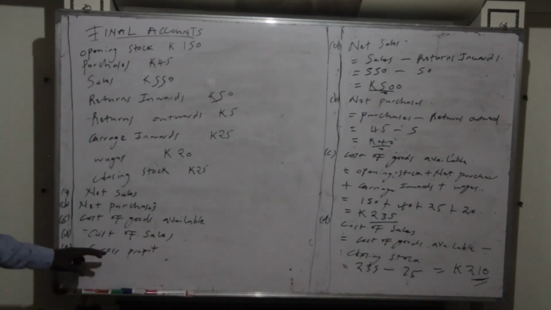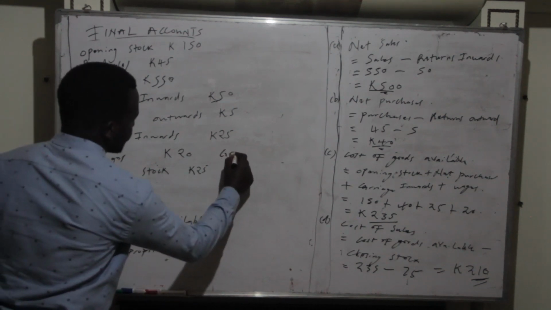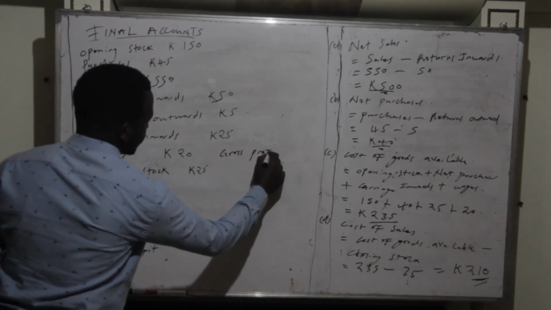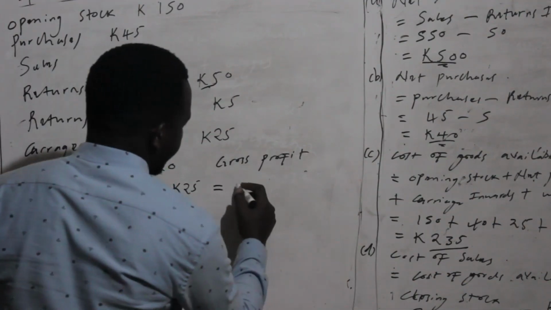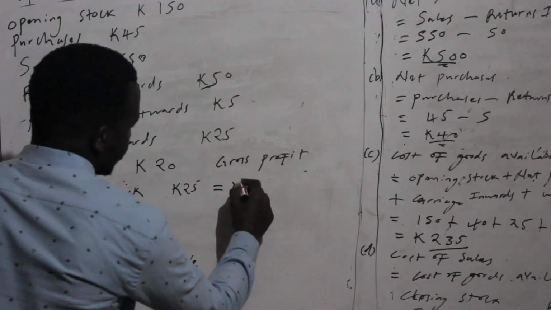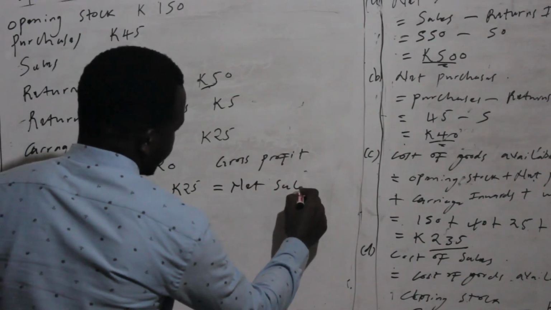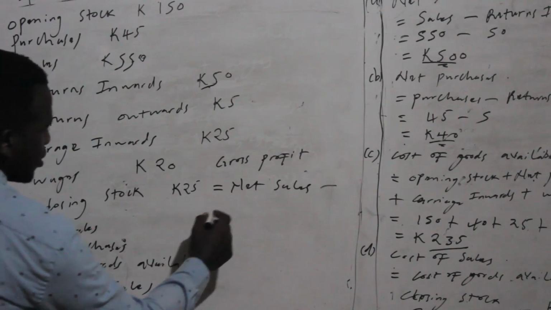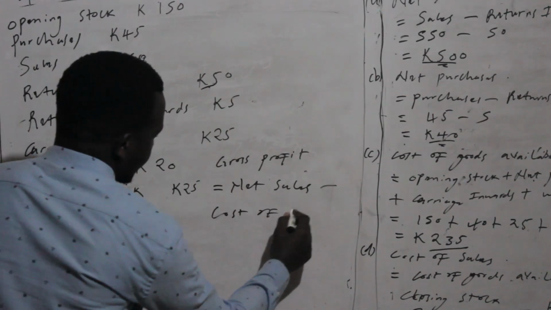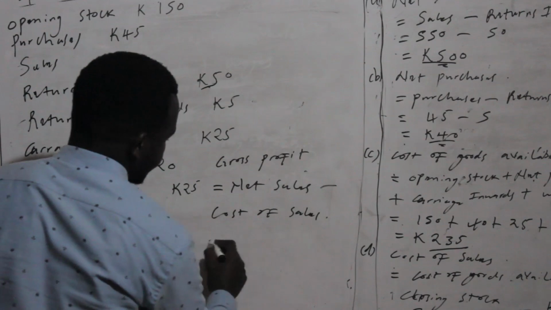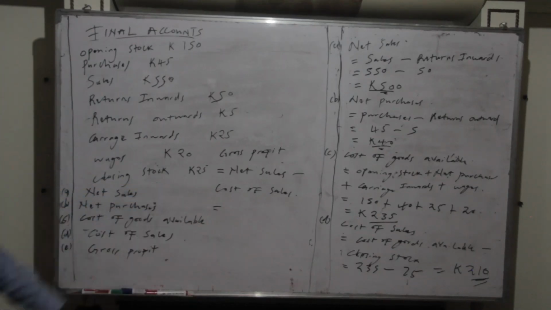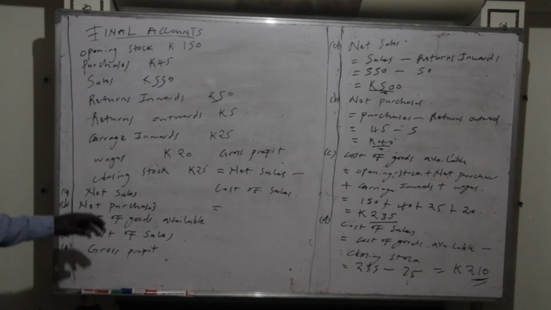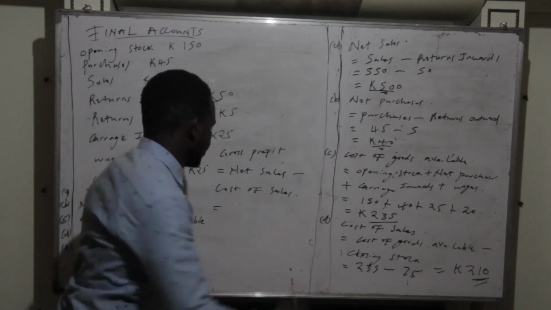Then let us find the gross profit. So we say our gross profit is found by saying net sales minus cost of sales. So we can say our net sales, net sales there we had calculated as 500.